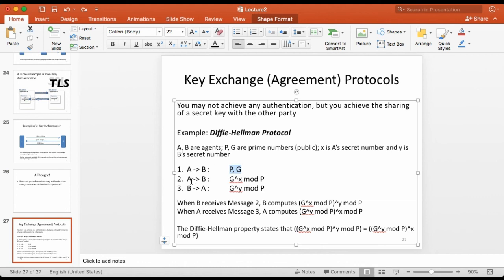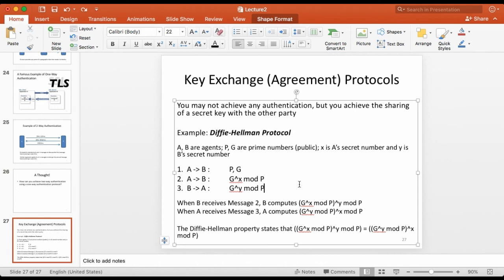Now, A performs the following computation. It takes one of the two numbers, G, and raises it to the power of its own secret number, X, and does that modulus the other prime number, P, and sends that to Bob.